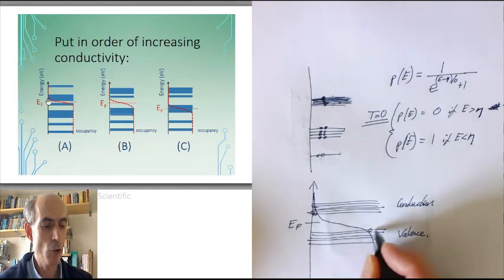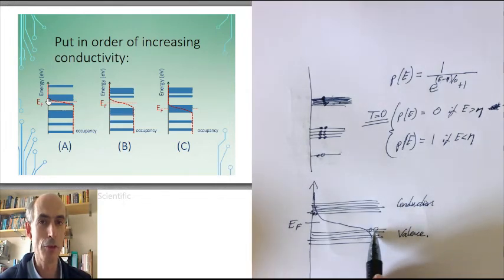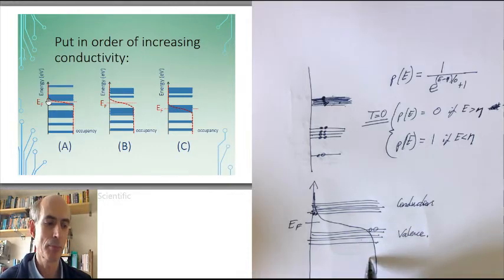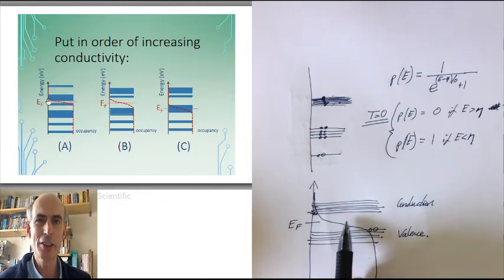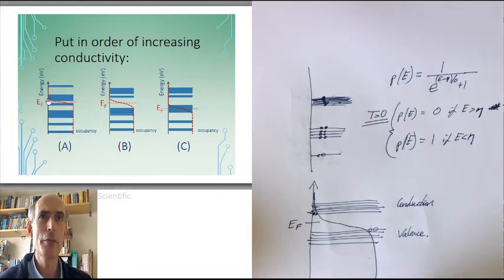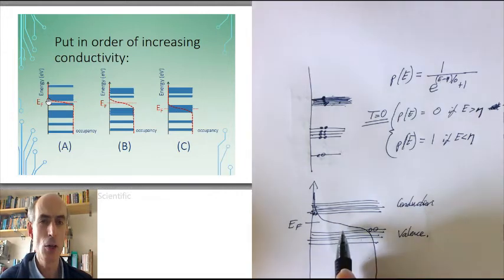Similarly, you have a few gaps here in the valence band, and you can get some movement due to those, with electrons moving into those gaps, but not that much because there aren't very many gaps there. So this material can conduct electricity, but not very well. And this material, material A, we'd call a semiconductor.